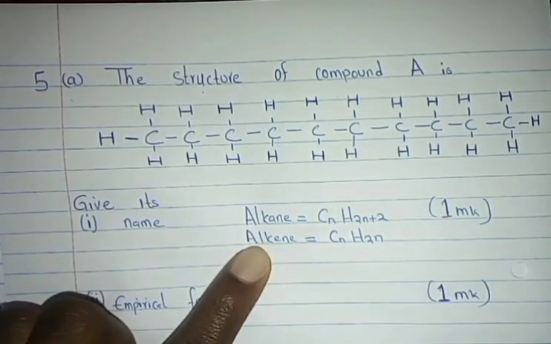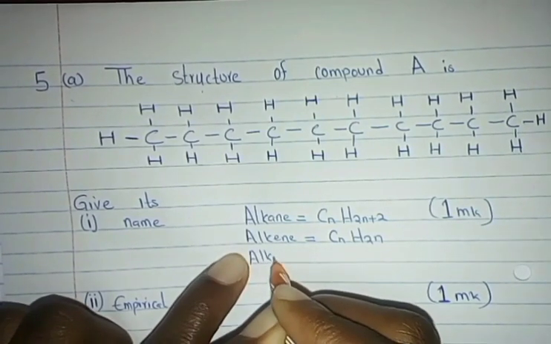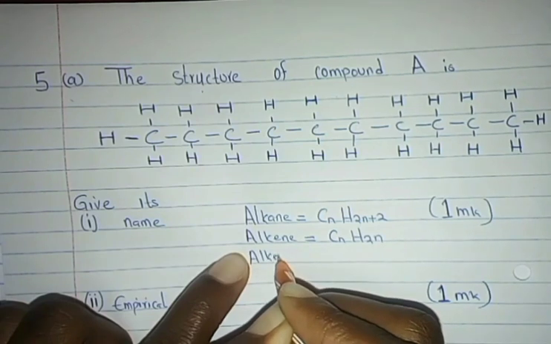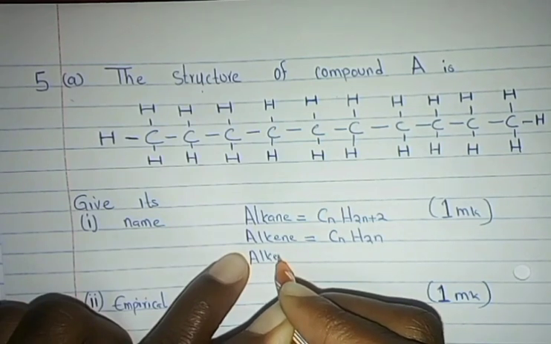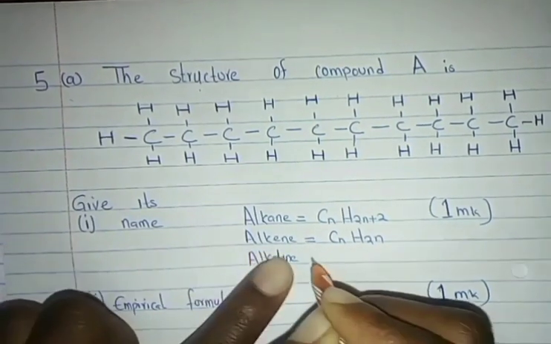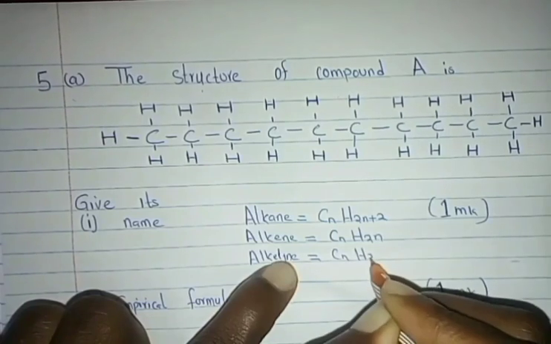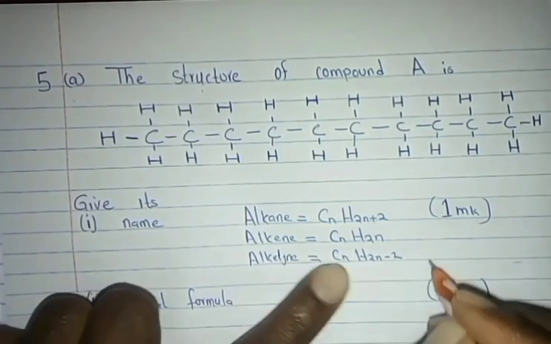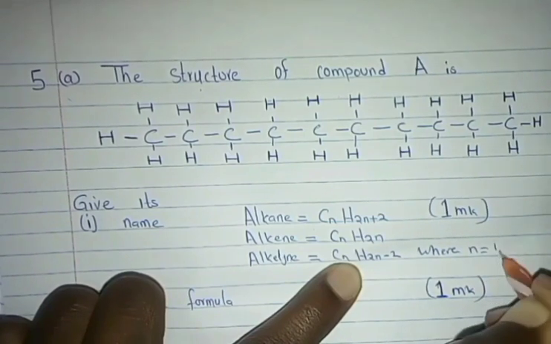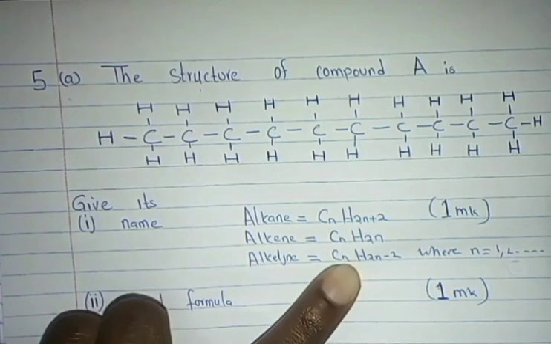Then we have alkynes. The general formula of alkynes is CnH2n-2, where n is equal to 1, 2. So n are just natural numbers.